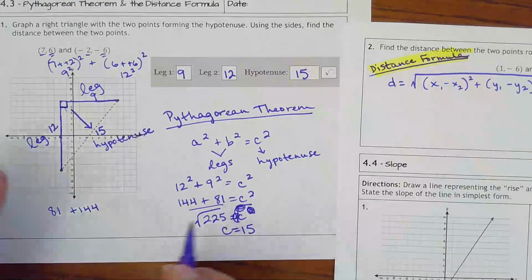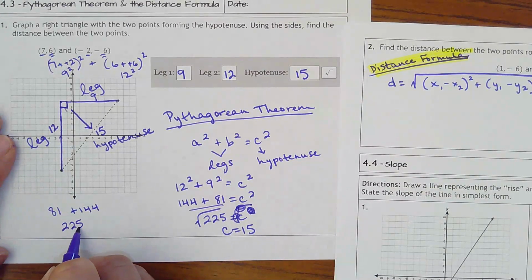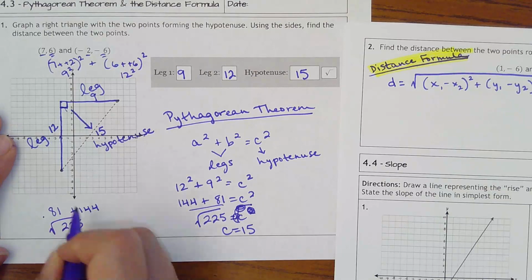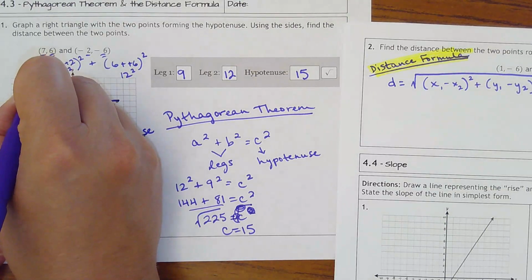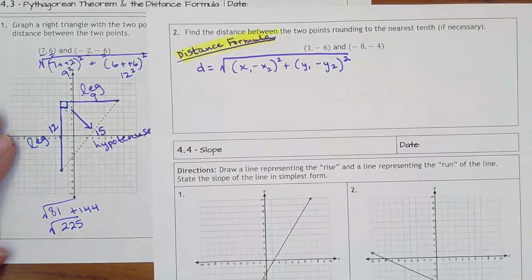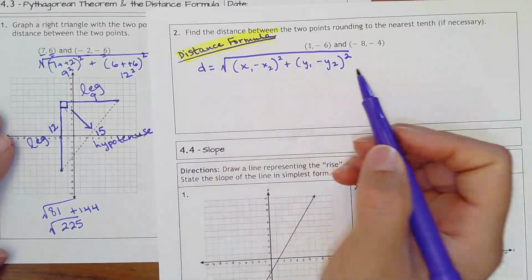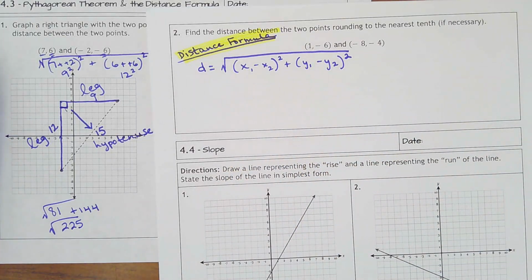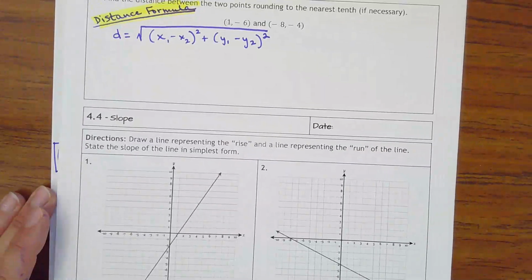Then we want to add those together, which gets the 225, and then the last thing we do is we square root. So all of this gets put under a square root. So it looks complicated when you see it like this, but it's really not, especially when you just plug stuff in. Okay, so let's try it.